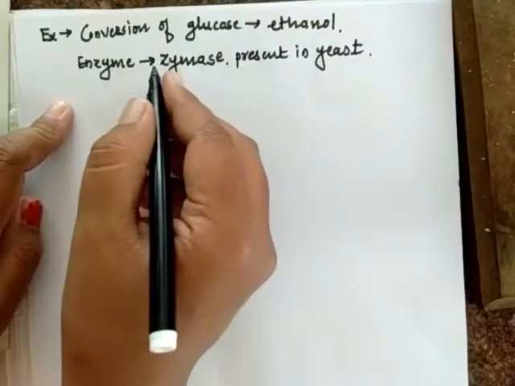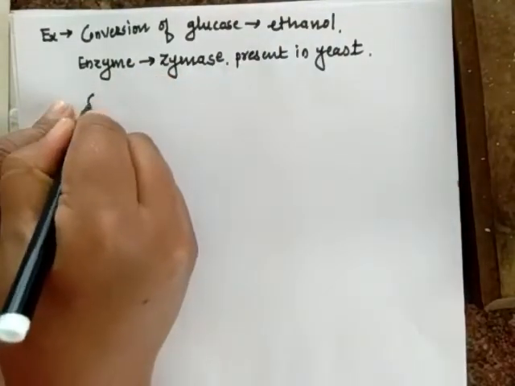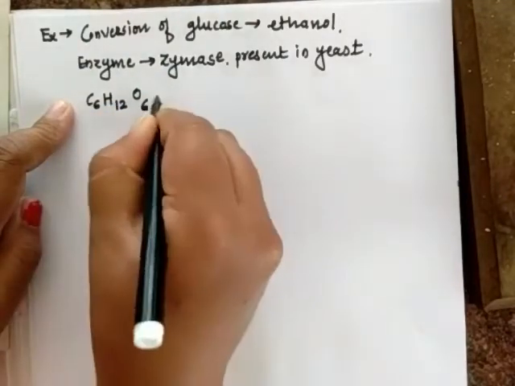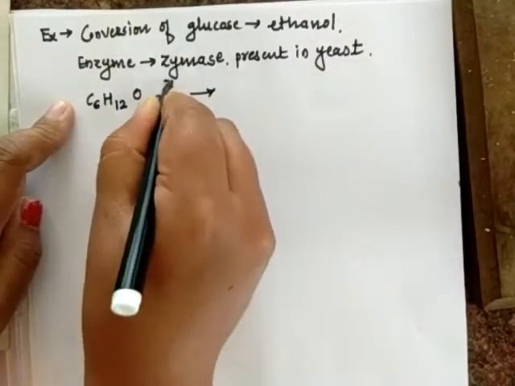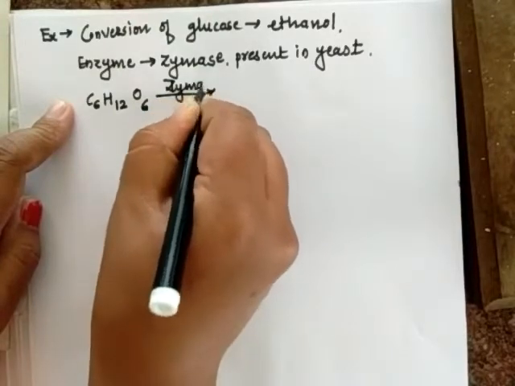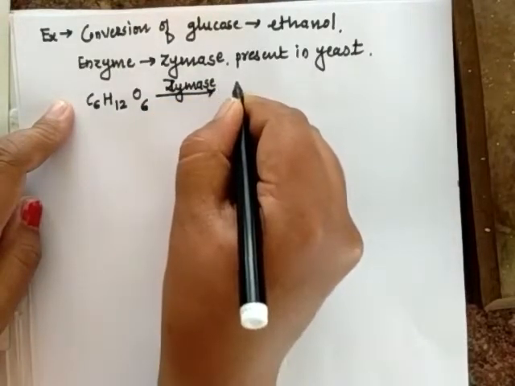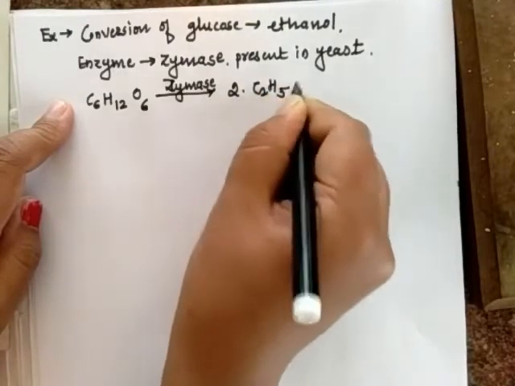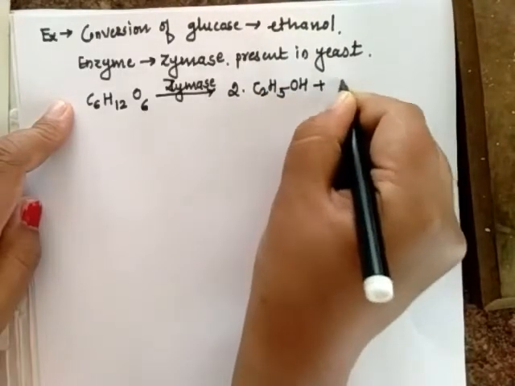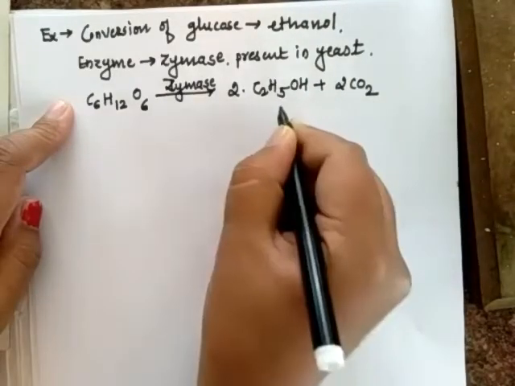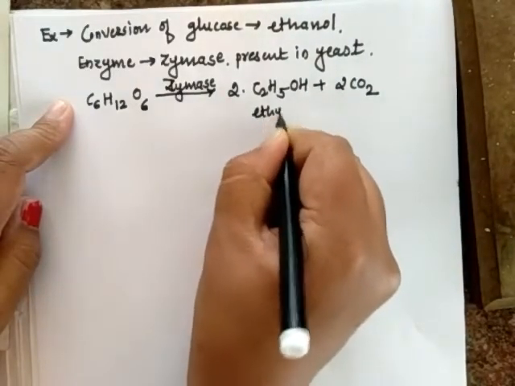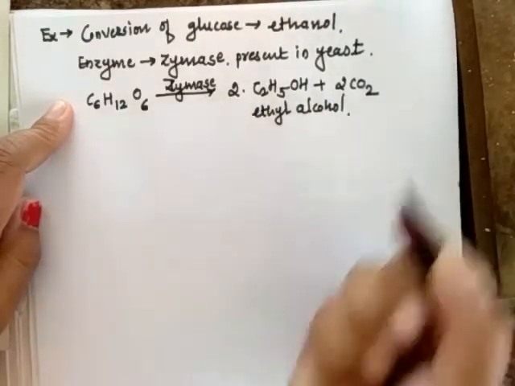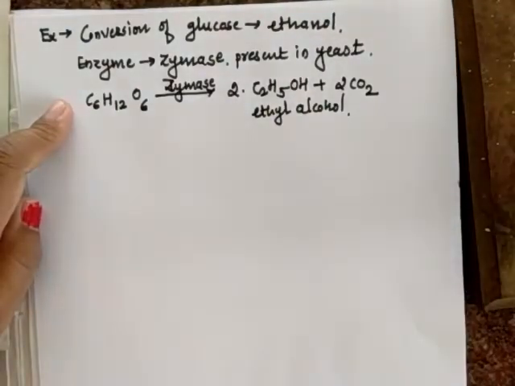So glucose formula, yes, C6H12O6. So our enzyme zymase. Okay, so what will we get over there? Ethanol formula 2C2H5OH plus 2CO2. This is our ethanol or ethyl alcohol. Okay, this is one of the examples.